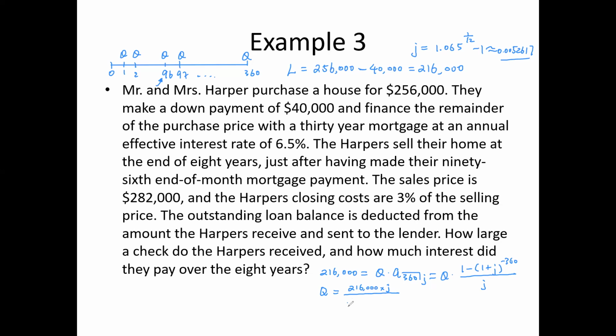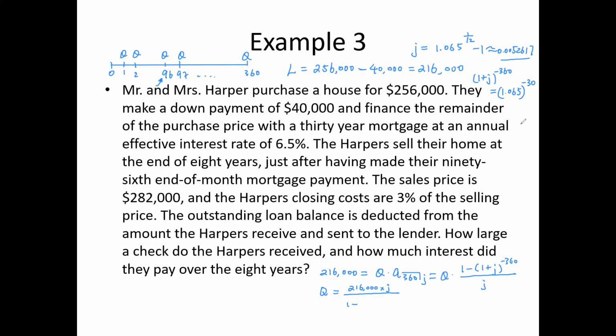And then I have 1 minus (1 plus J) to the negative 360, which is actually 1.065 to the negative 1 over 12 times 360, which is actually negative 30.